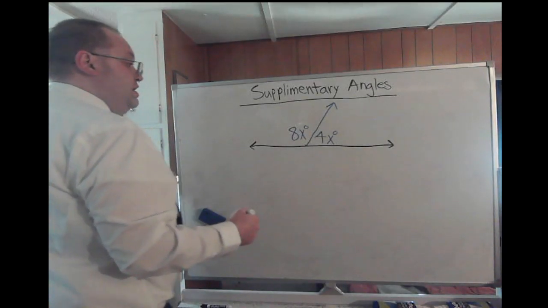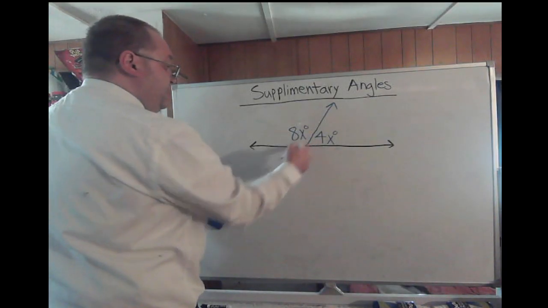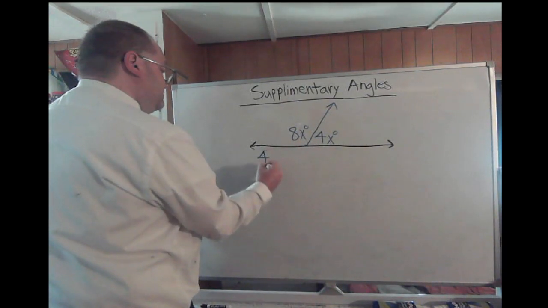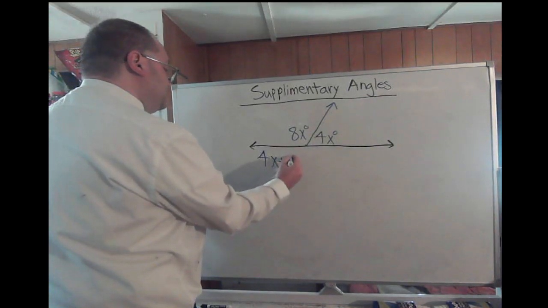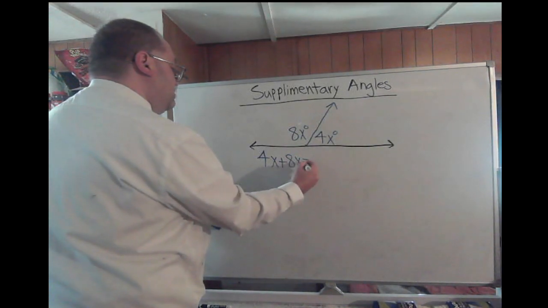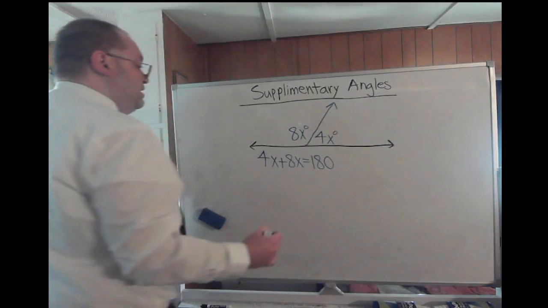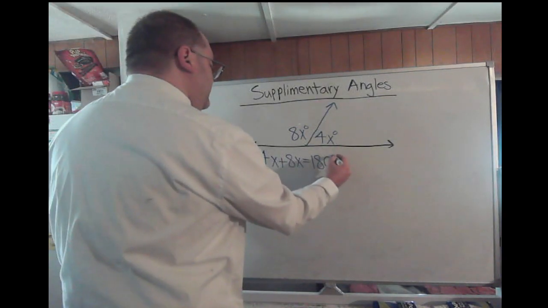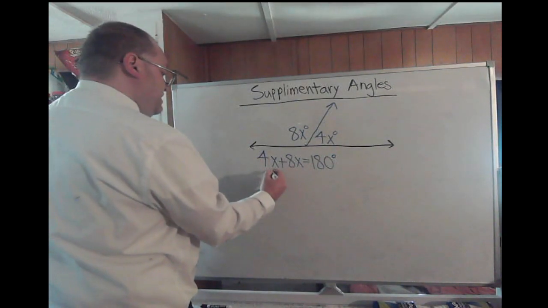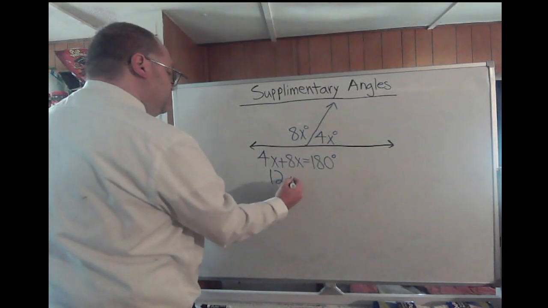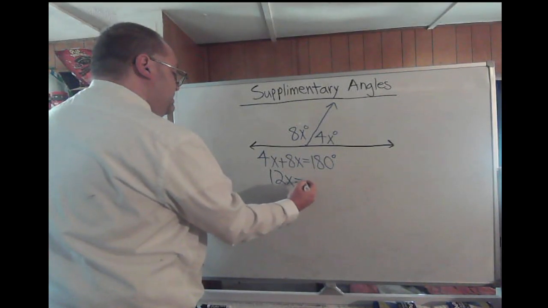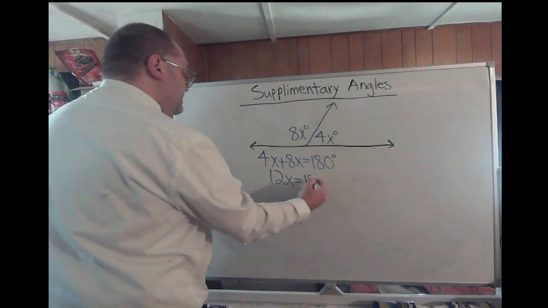So, these are supplementary angles, so we're going to take these angles, 4x plus 8x, and set them equal to 180. Okay, so that would equal 180 degrees. Well, 4x plus 8x, that's 12x, would equal 180 degrees.